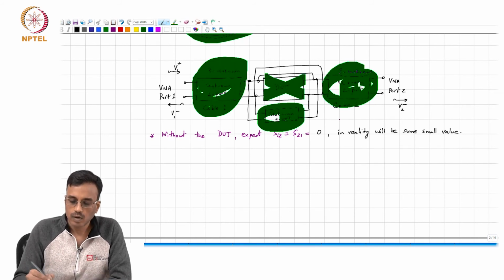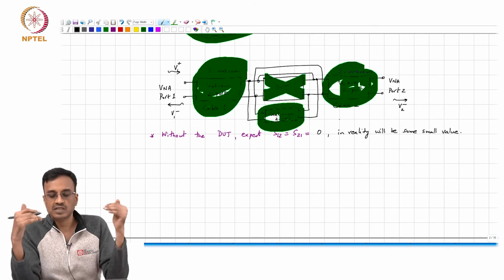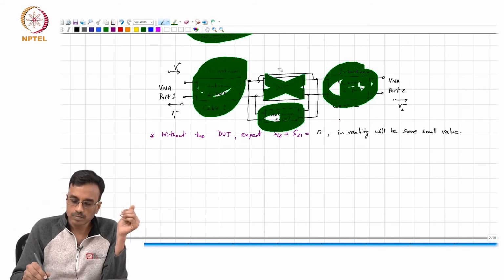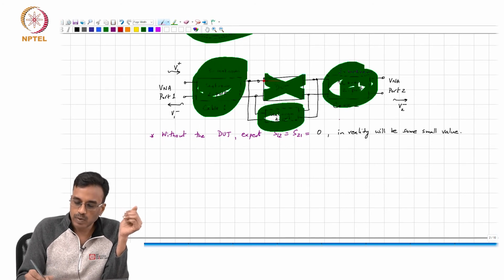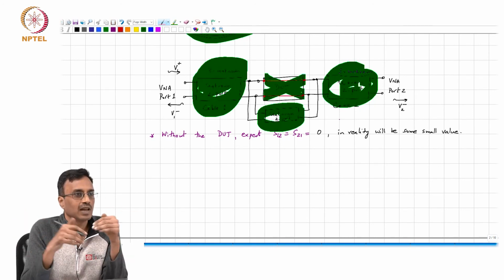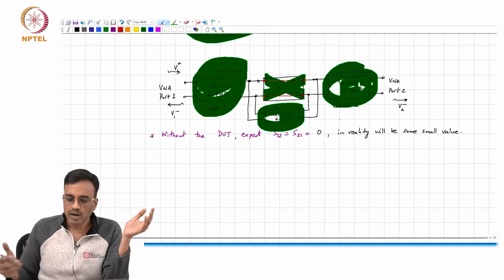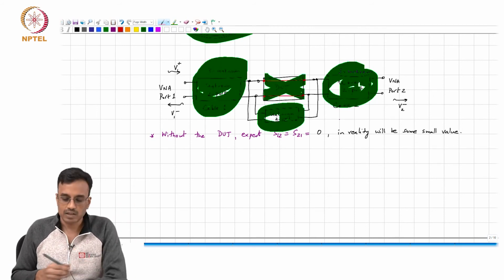So the Z DUT is simply replaced by a straight connection between the two ports. You can think of it as a transmission line with zero length, right?